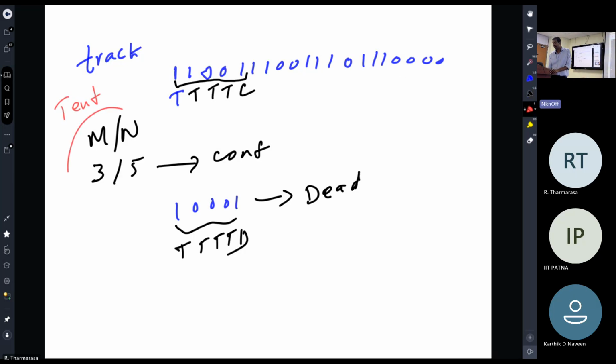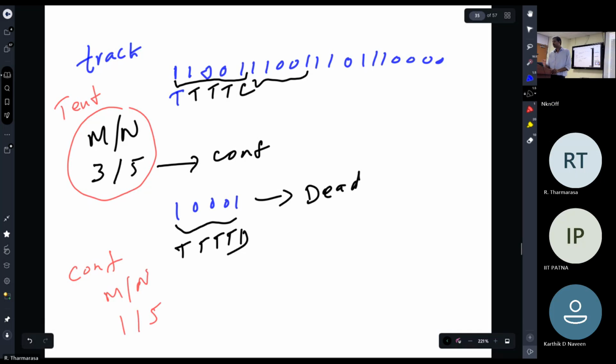For a tentative track, I have this logic. For a confirmed track, I have a different logic. If I get at least one measurement in 5 frames, I will maintain. Otherwise, I will terminate. So for an example, if in these 5 frames I have more than one detection, that's fine.